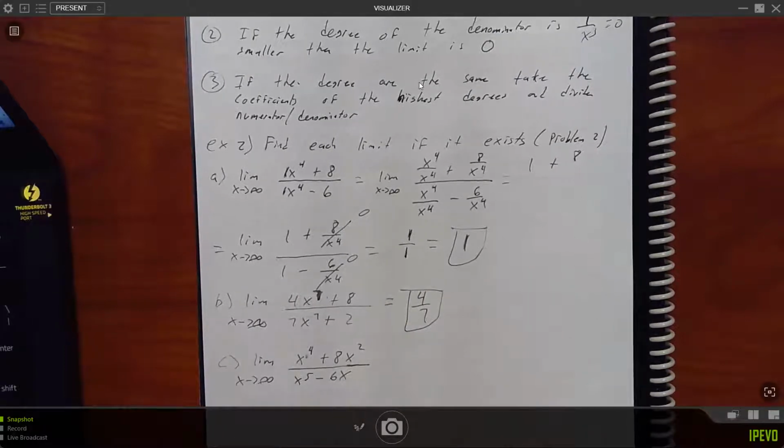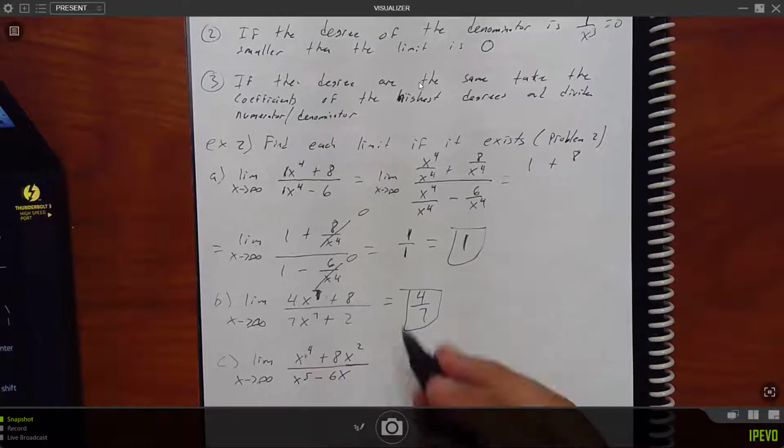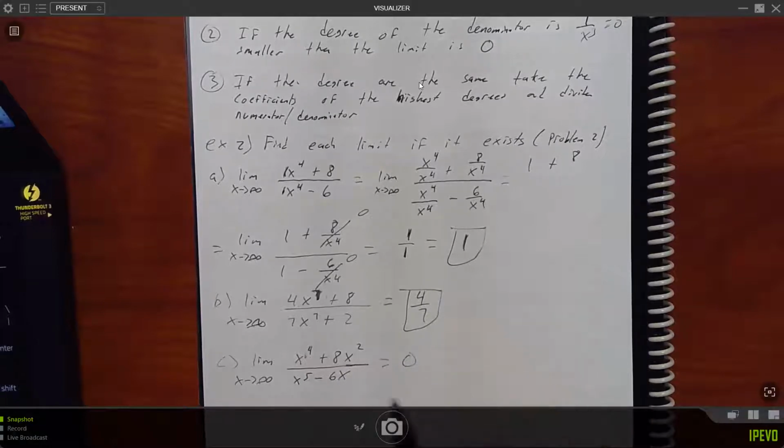So what is the highest degree on the top and the bottom? It's 4 and 5. Yeah, you guys are right. So since the bottom has a higher degree, this is going to be 0 right away. This thing will overpower everything else. See what I'm saying?